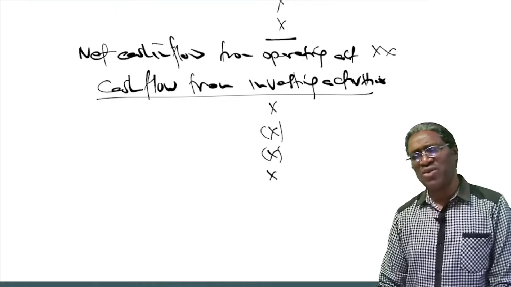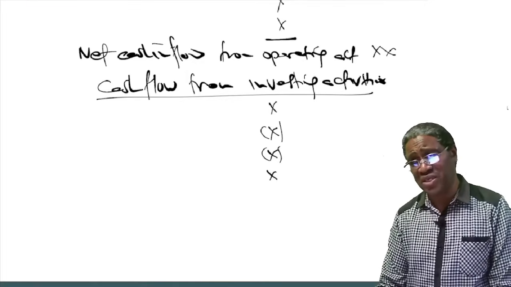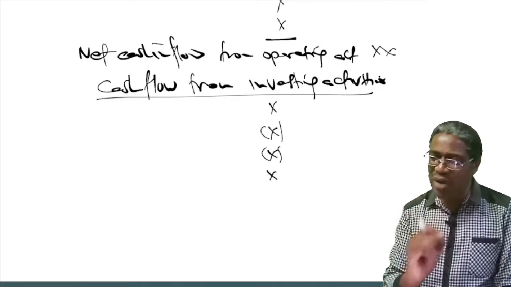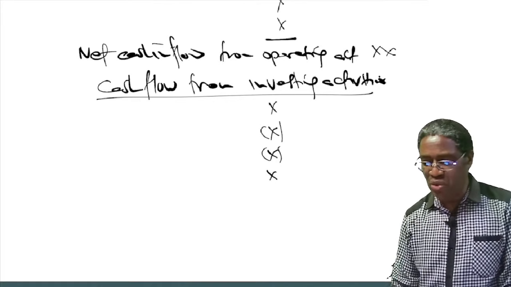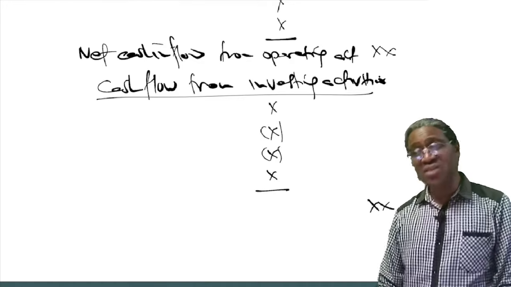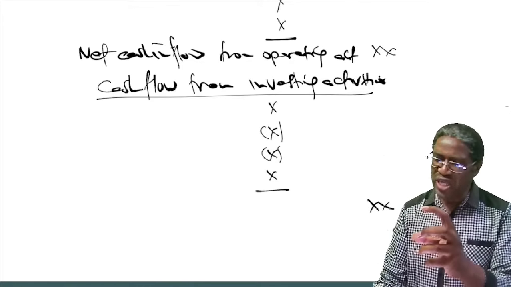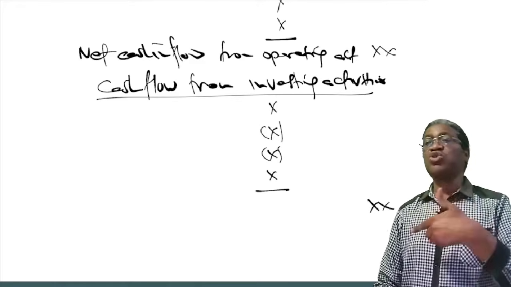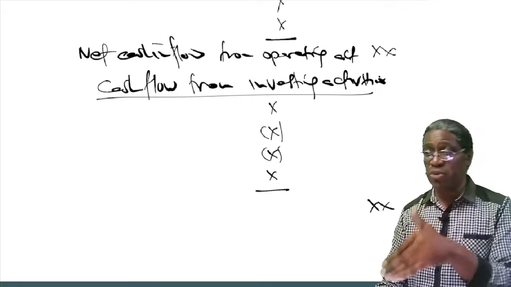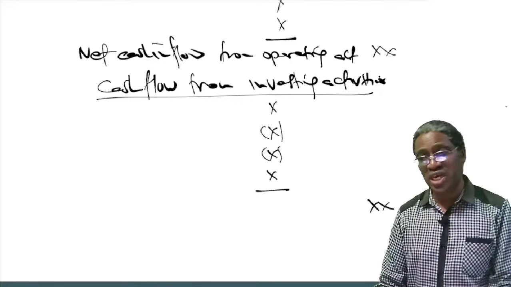After you have identified all your cash flows from investing activities, you are required to get the net amount of all of them. Again, that net amount could be positive or negative, depending on whether the negatives were more than the positives or the positives more than the negatives.